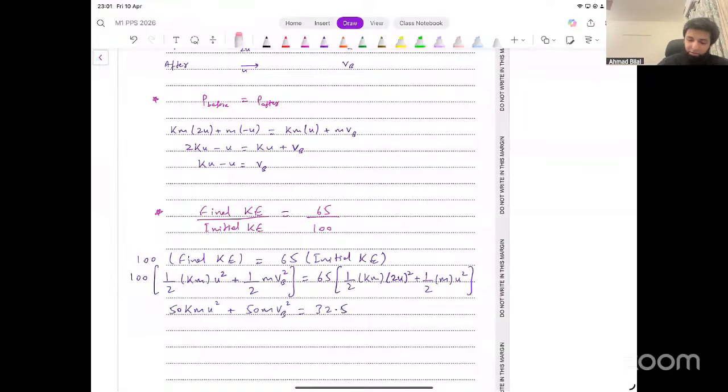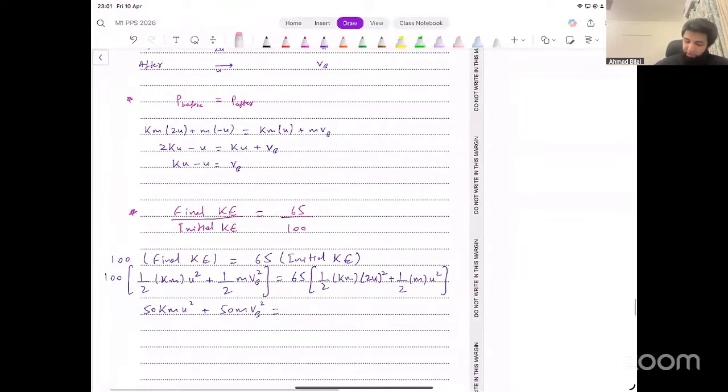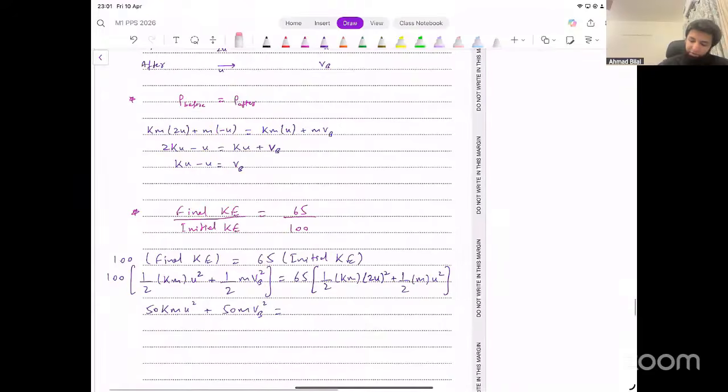In fact, it'll become cancelled. 65 over 2 into 4, what will that become? 65 into 2, that will be 130. So the first term is going to be 130 kmU squared. And then the last term, 65 over 2, will become 32.5 mU squared. This is what we end up getting from this.